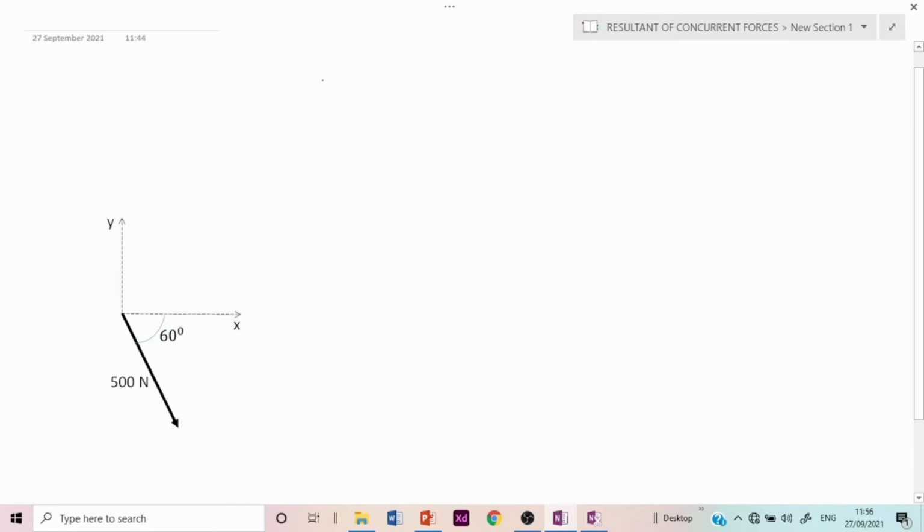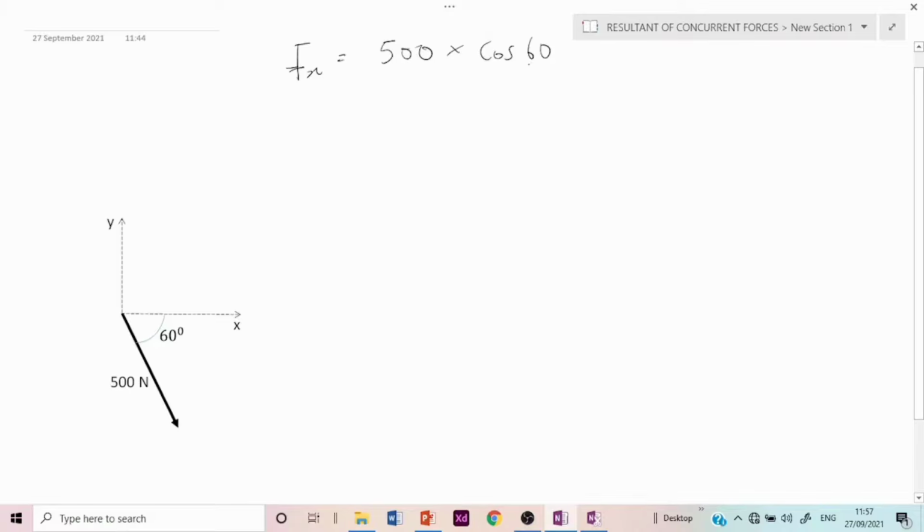Having produced the free body diagram, the question requires us to determine the components of the force in the horizontal direction and in the vertical direction. It is important I point out that one can easily determine that by saying the component of force in the x direction, let's call it Fx, is equal to the force itself, which in this case is 500 Newton, multiplied by cosine of the angle it is making with that axis.